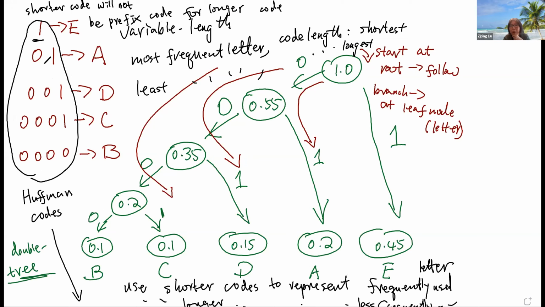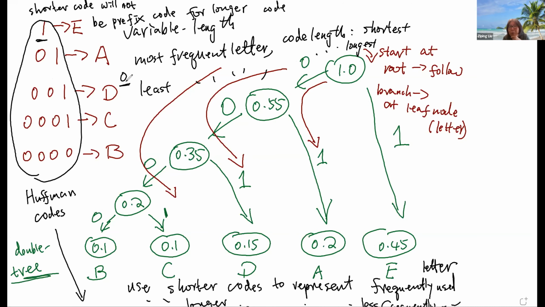If you take a look here, now we don't have 0. There is no 0, because 0 would be a prefix for A, D, C, B. So 0 is definitely not allowed. Can you do 0, 0? No, there is no such thing, because 0, 0 would be a prefix.